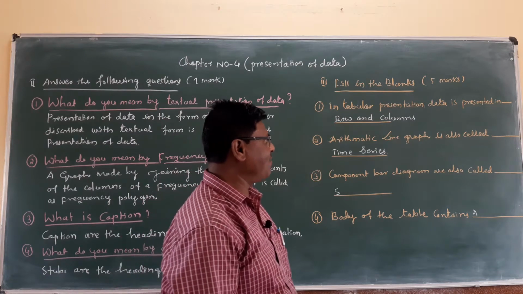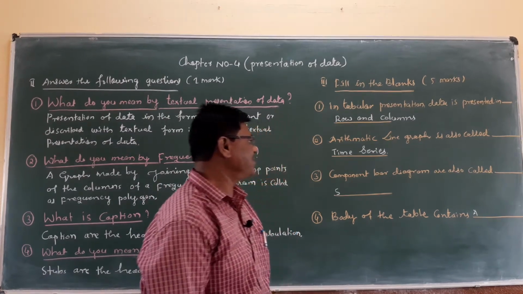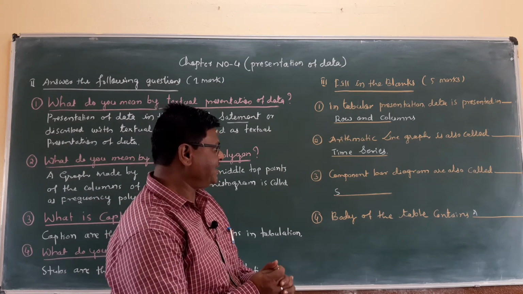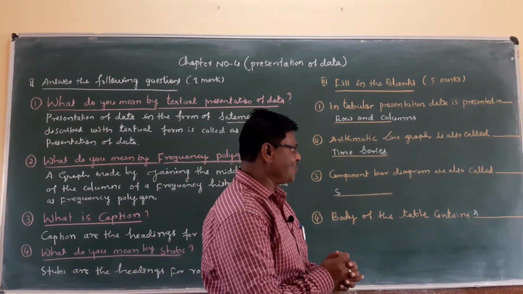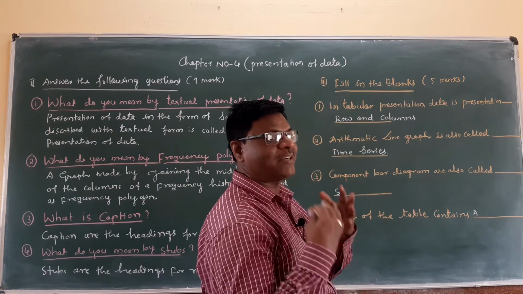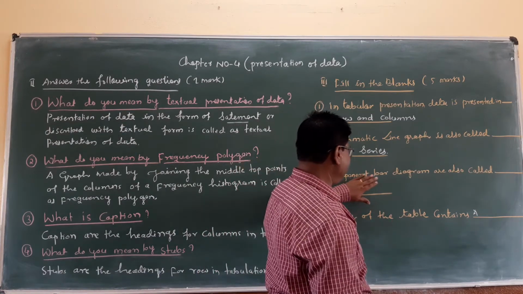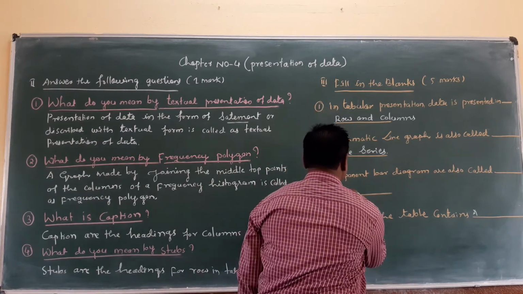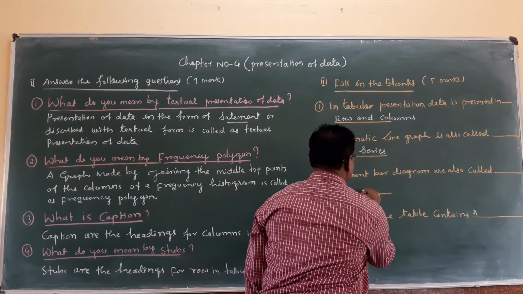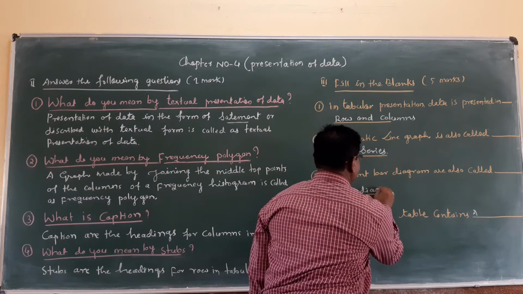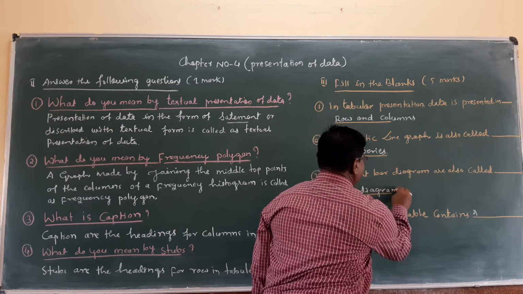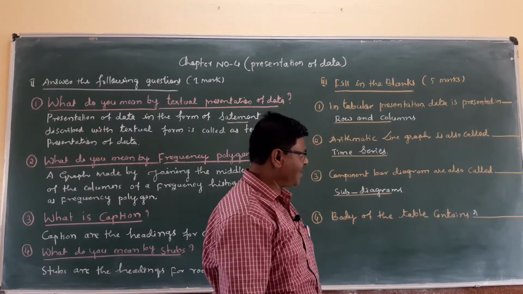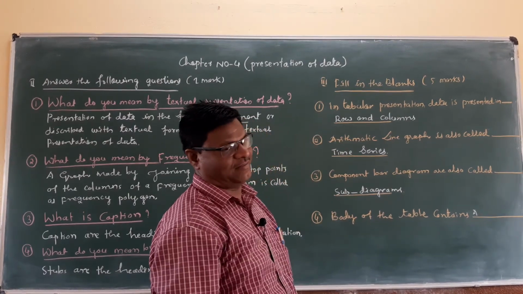Arithmetic line graph is also called time series. Question number 3, component bar diagrams are also called subdiagrams. Component bar diagrams are also called subdiagrams.